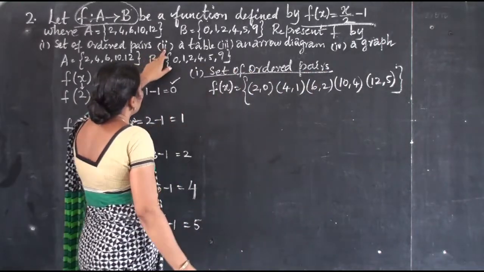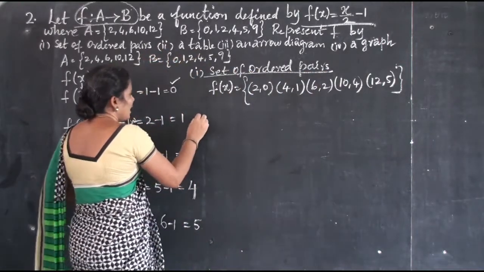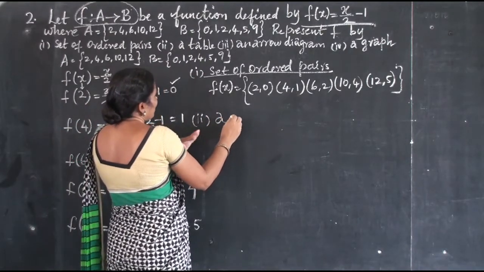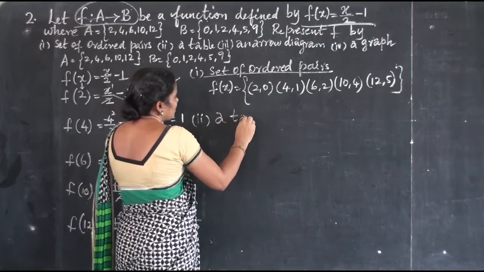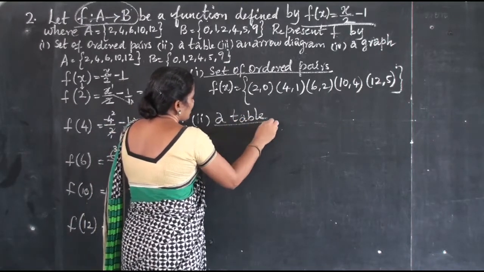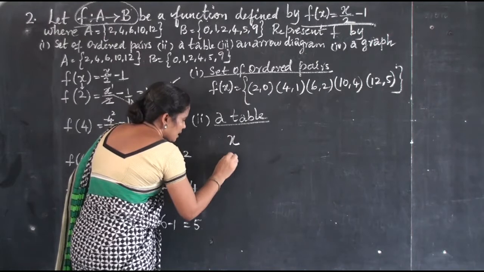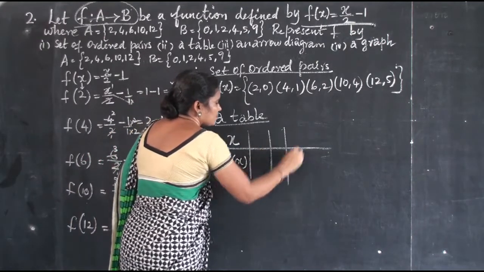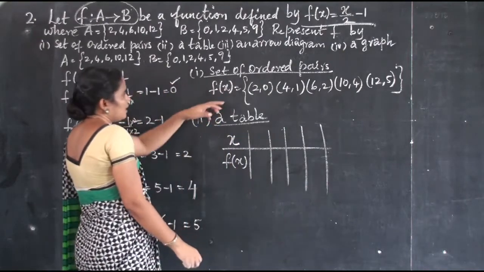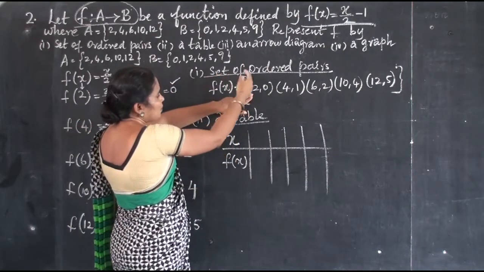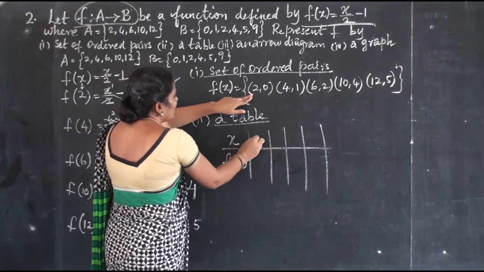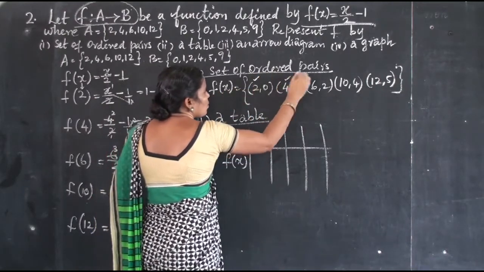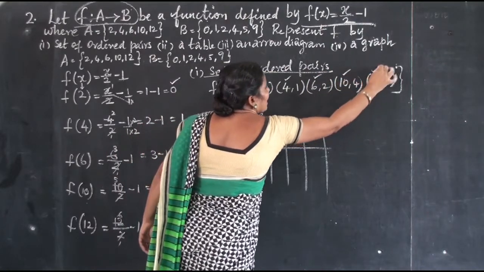Then second, the table. As we discussed earlier, a table is nothing but x and f of x. You have to write all the values of x and f of x. Using the set of ordered pairs, you can write x is equal to the first elements: 2, 4, 6, 10 and 12.